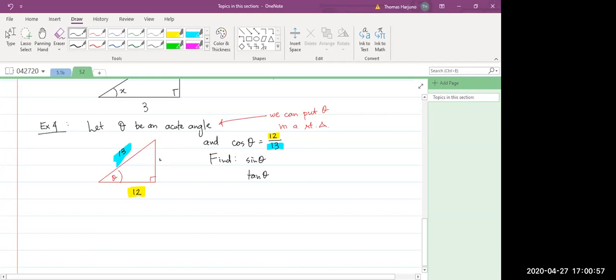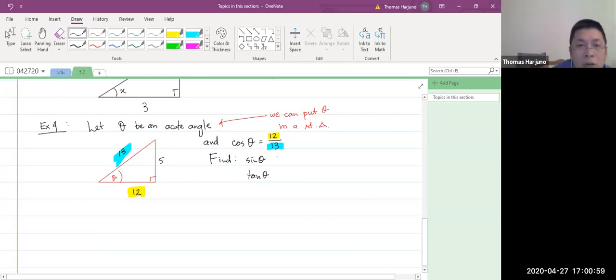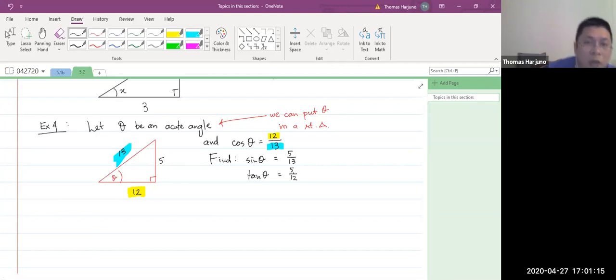That will be 5, that's right. So sine theta will then be 5 over 13, and tangent theta will be 5 over 12. Once you get the sine, cosine, tangent, of course you can do the reciprocal for each one of them to get secant, cosecant, and cotangent.